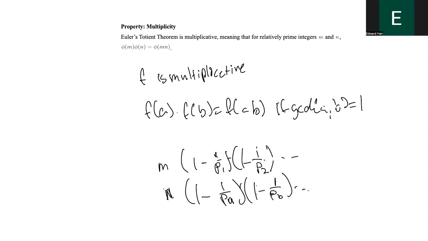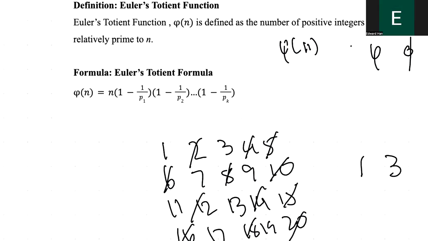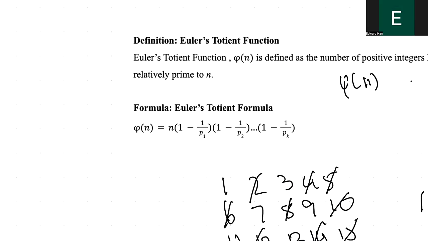And so if we multiply it up into MN times a long list of 1 minus 1 over our prime factors, then all the terms will be different in the second part, and therefore everything will work out and you'll end up with a formula with M and N. So here this will be M and N instead.